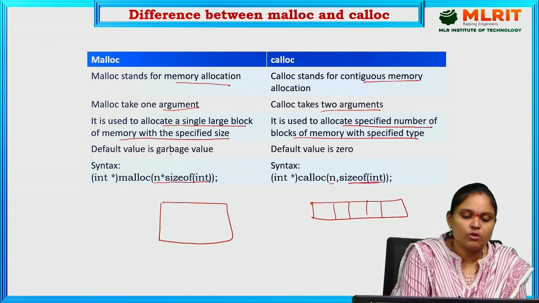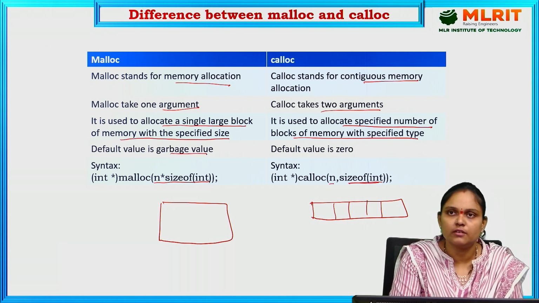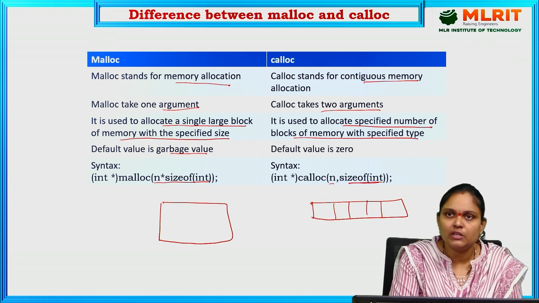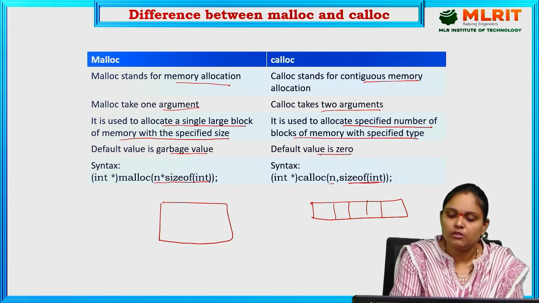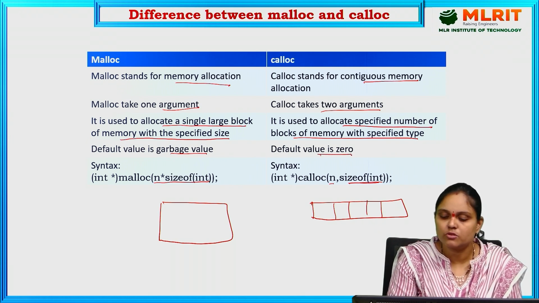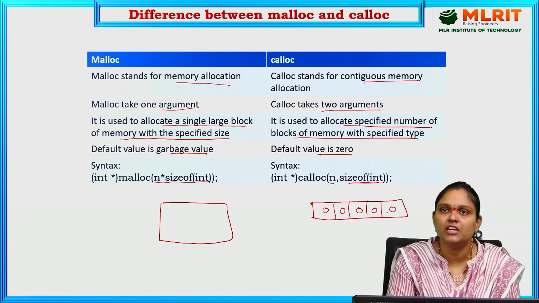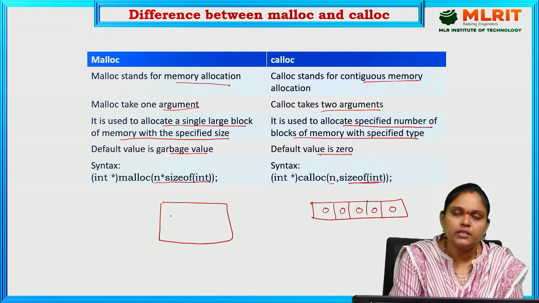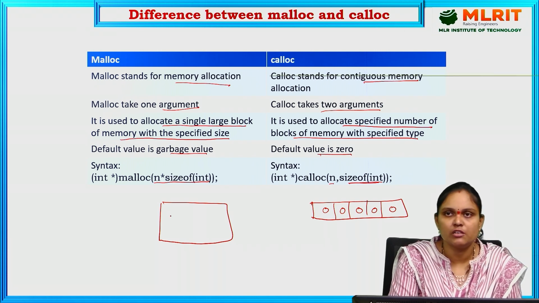And the next is the default value for the memory allocation. In malloc we have garbage values. But coming to calloc, the default values will be zeros. So before reading any values into that memory allocation, we get 0. And in malloc, some garbage values will be present.